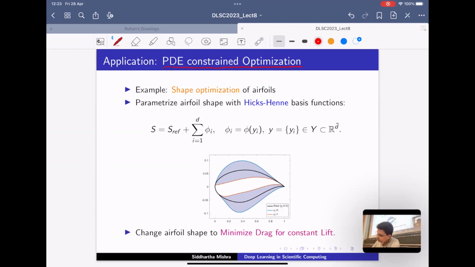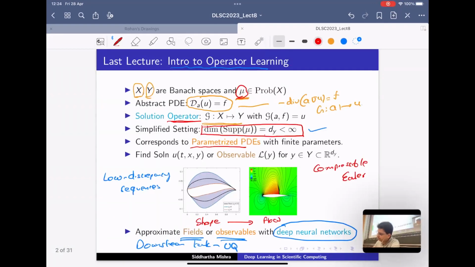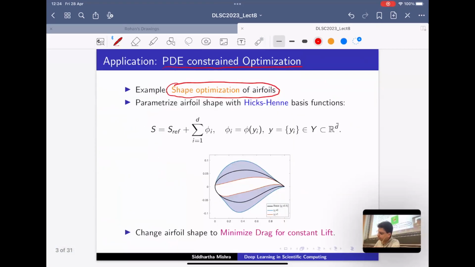And this comes from shape optimization for airfoils, the same problem that I've been saying repeatedly is important. At the end of the day, we want to optimize the shape. Let's try to do it in a step-by-step manner. First, since we are in this setting where I have to parameterize things, we are going to parameterize them by some basis functions.